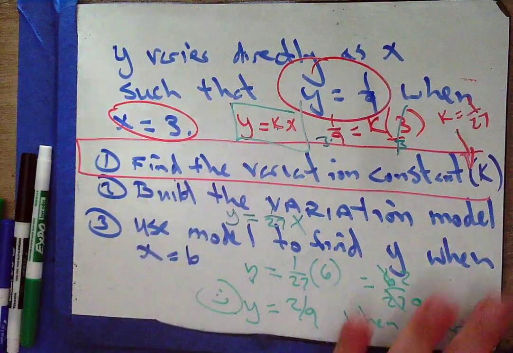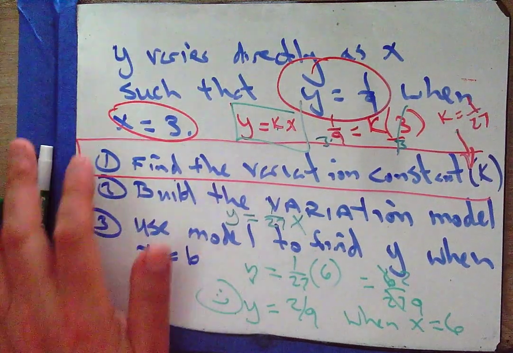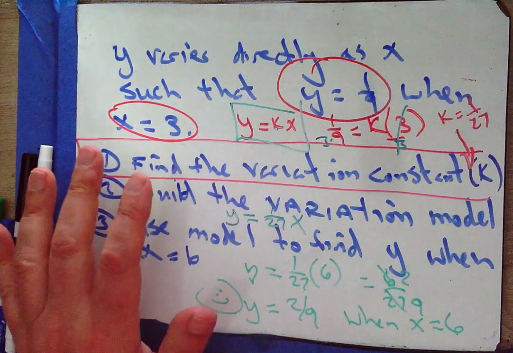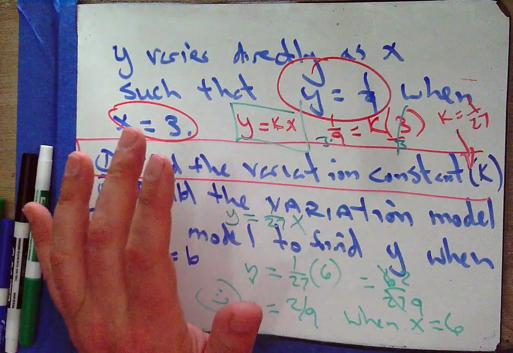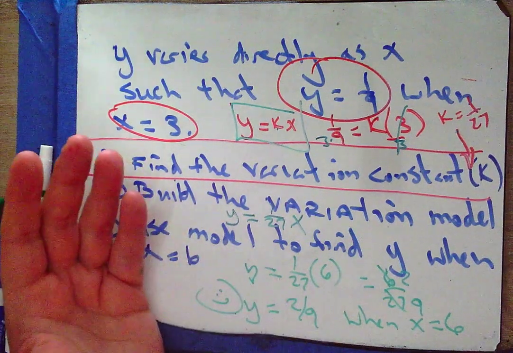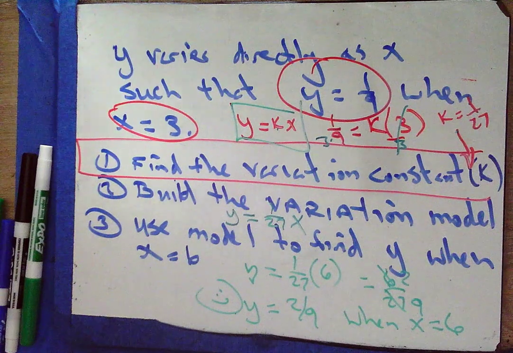But the variation questions are almost all like this, and like this in level of difficulty. Really, it's just a matter of identifying what type of variation model I should be using, finding that k with the given information, building the model, and then using the model. Okay? So let's look at another type of variation.